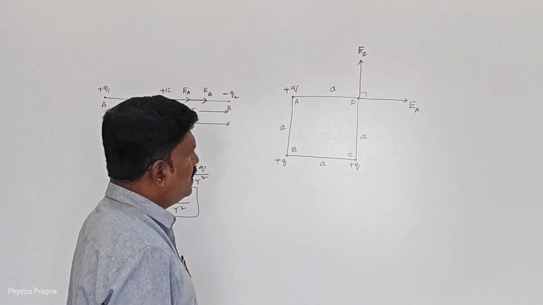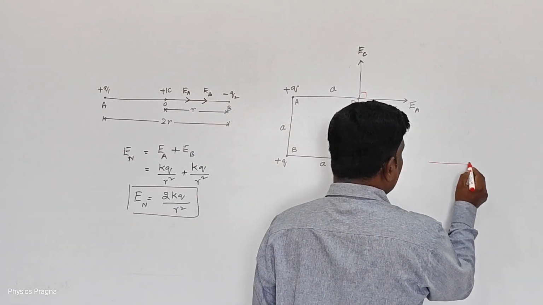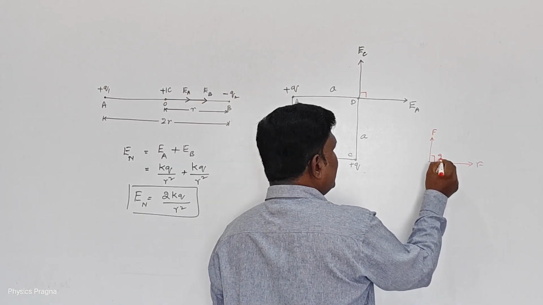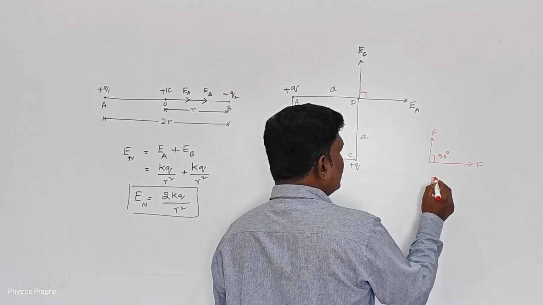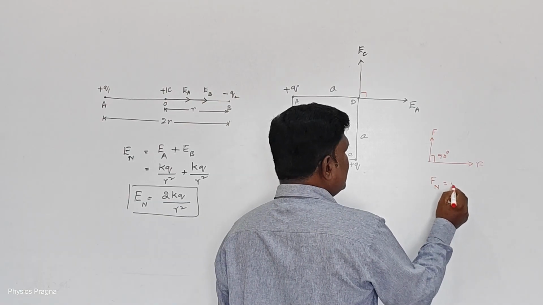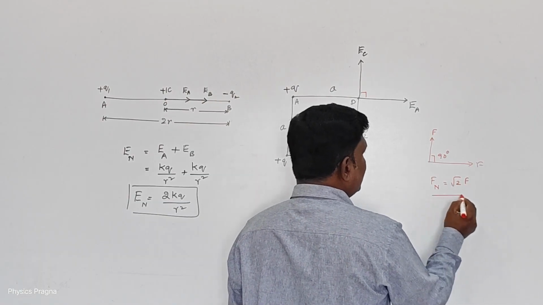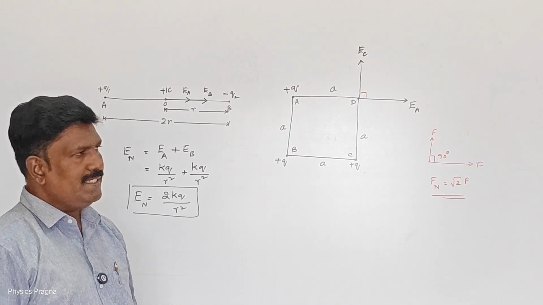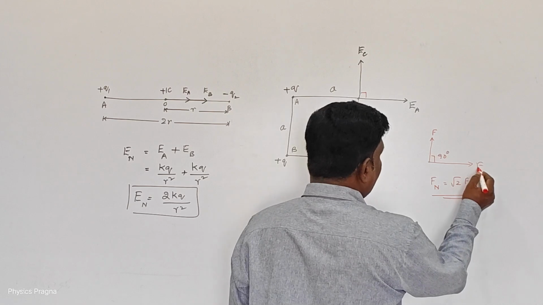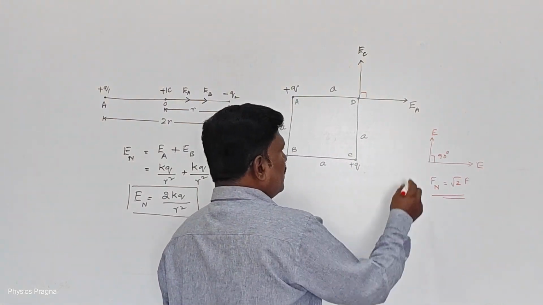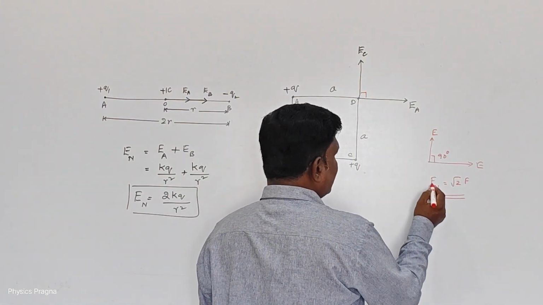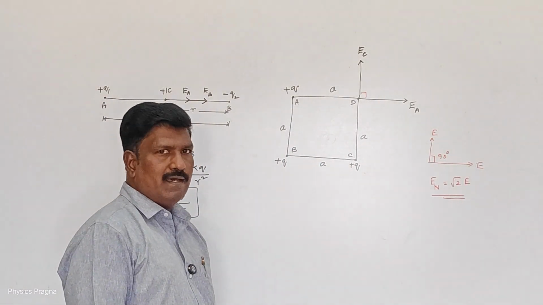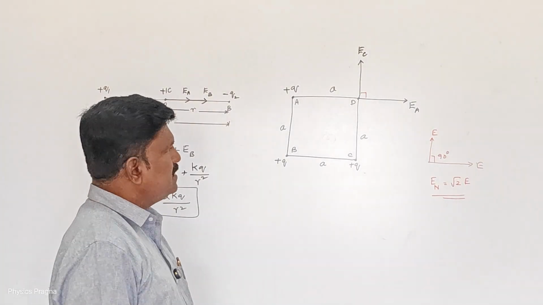We know that if one force and another force have an angle of 90 degrees between them, then the resultant force formula is root 2 F. This we already know from vectors. Here, in the place of forces, electric field is there. If this is the electric field E and this is also electric field E, both at 90 degrees, then the net electric field is root 2 E. Whenever they are at 90 degrees, if they are vectors, we use that.